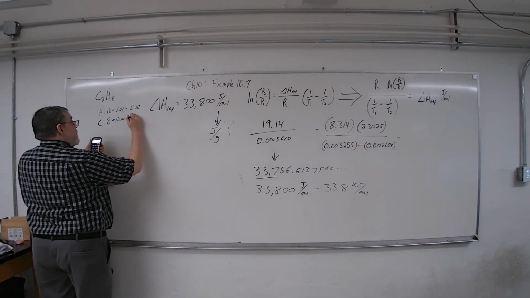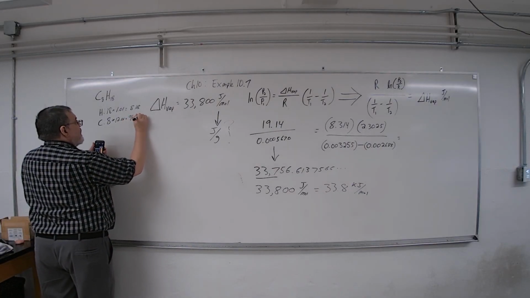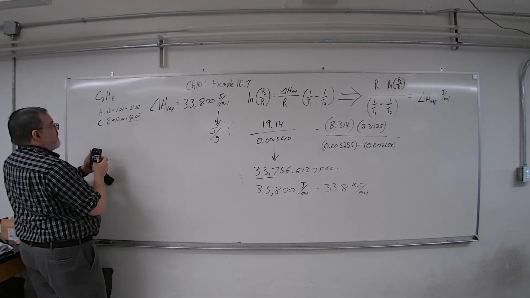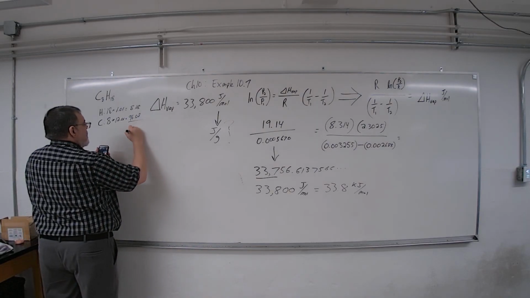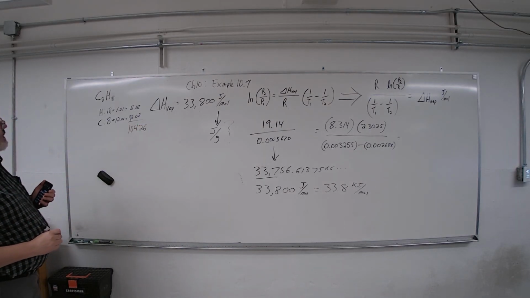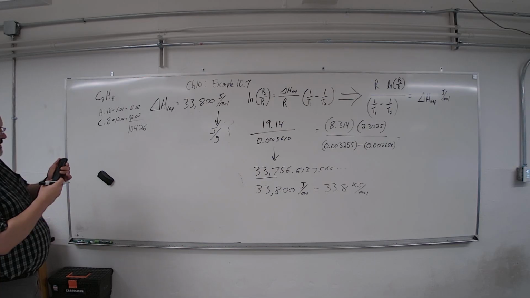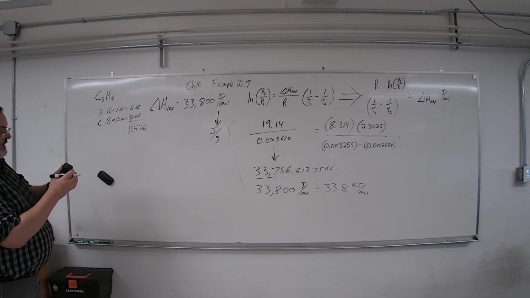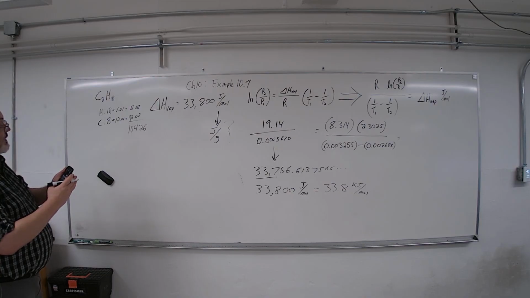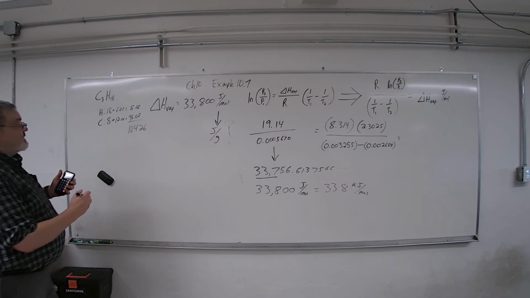This should be a review. Is that right? Isooctane 18. I don't know why that seems wrong to me. 8 times 12.01, 96.08. Okay, I guess that's right.